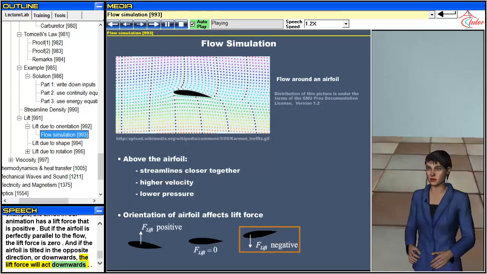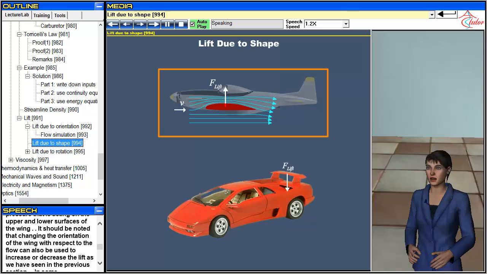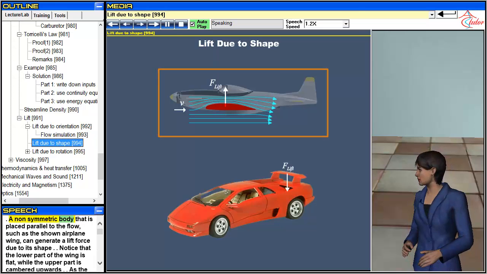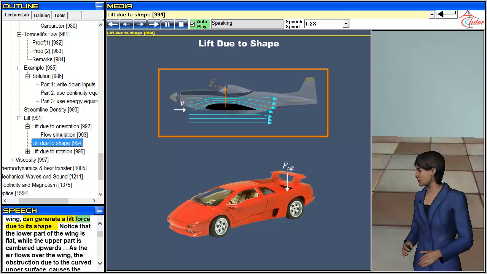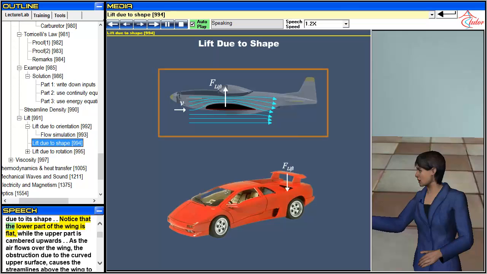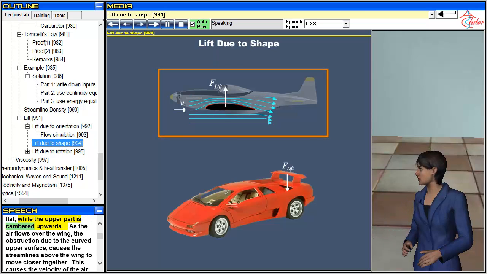A non-symmetric body that is placed parallel to the flow, such as the shown airplane wing, can generate a lift force due to its shape. Notice that the lower part of the wing is flat, while the upper part is cambered upwards.